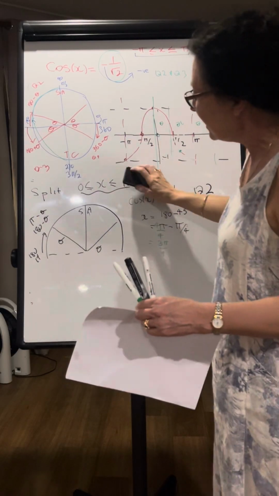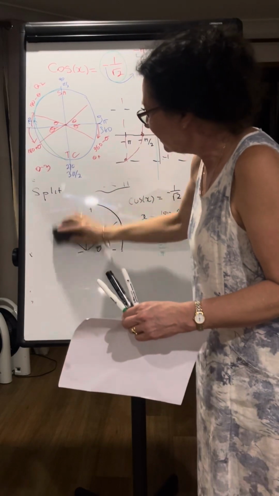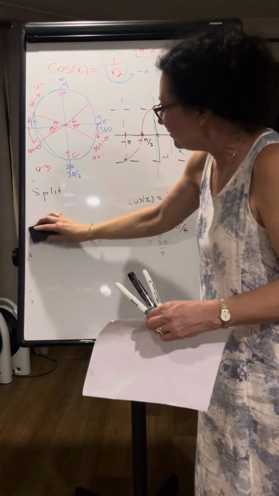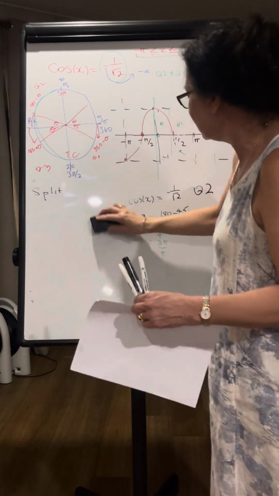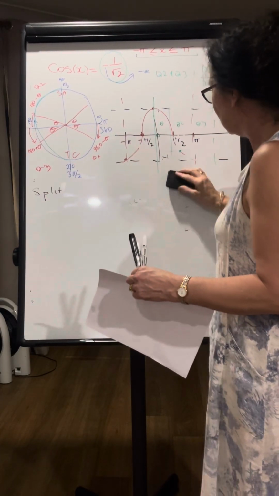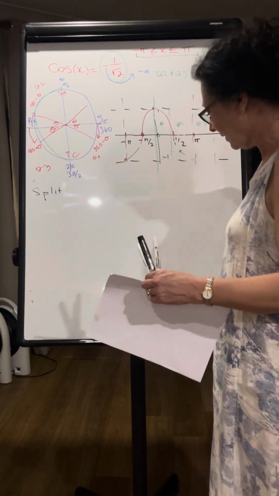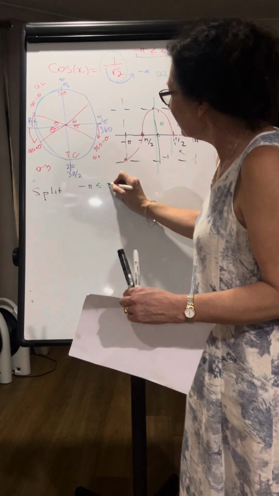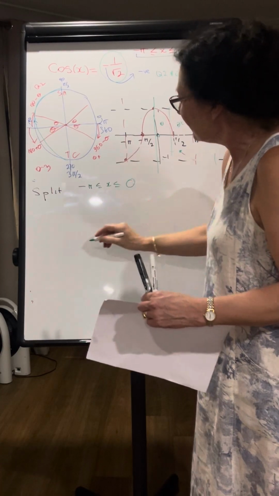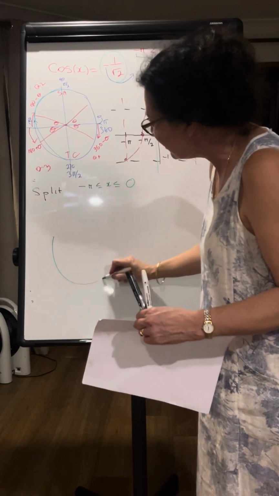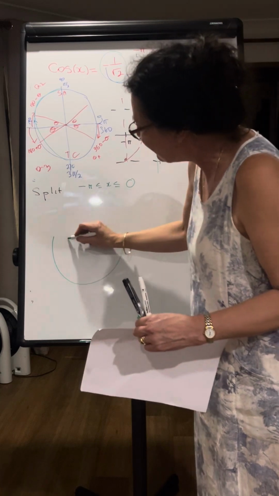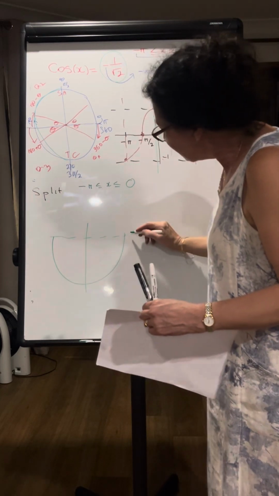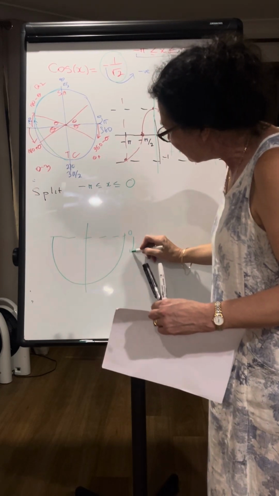Let's have a look at the other one now. This one is going to be from minus pi to 0. So let's redraw that. It's from minus pi through to 0. Now this is the bottom half because we're going from 0 and we're going this way.